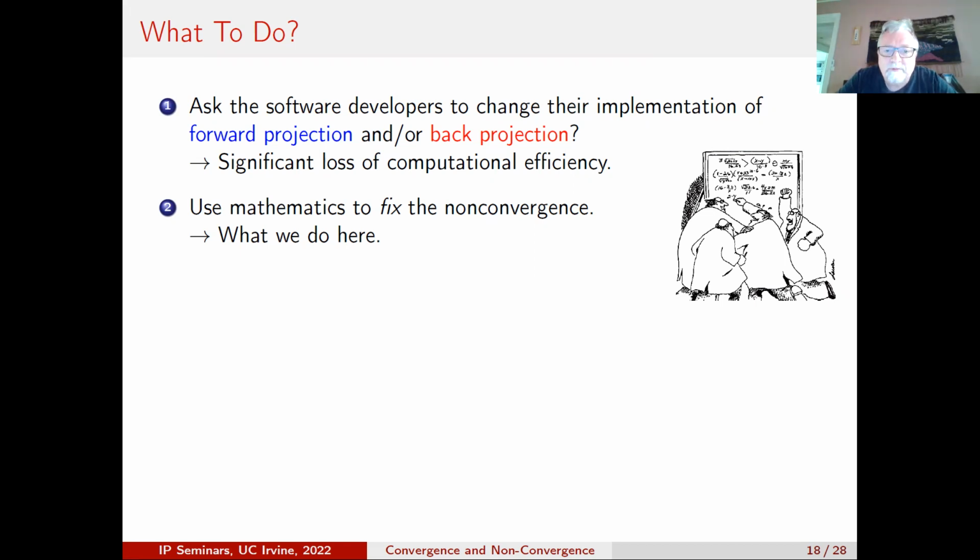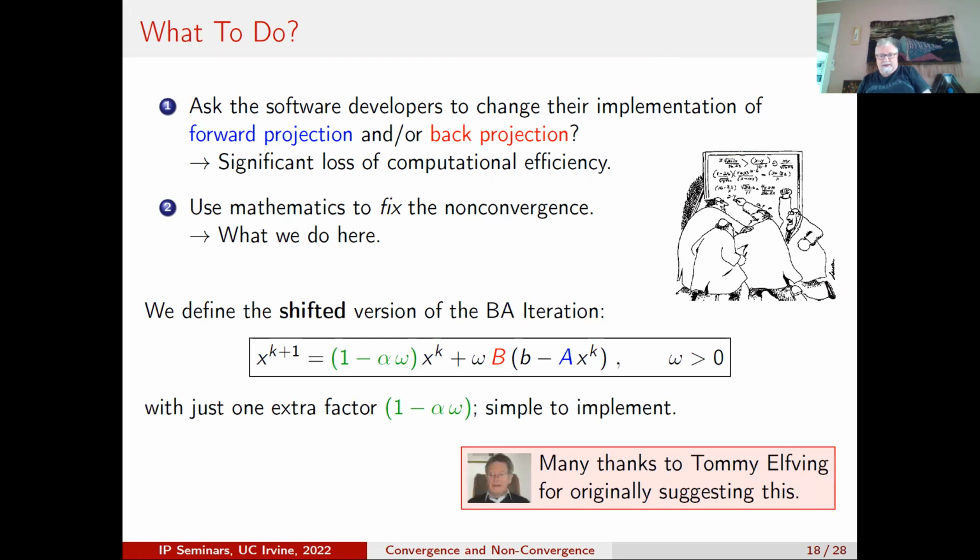Well, we can try to use mathematics to see if we can do something about this non-convergence, and that's what I'm going to be looking at here. And again, I want to acknowledge the basic idea here, which is due to Tommy Elving. He originally suggested this to me, and so this is what you can do. You see, this is almost the BA iteration that we saw before, but there's a factor in front of xk.